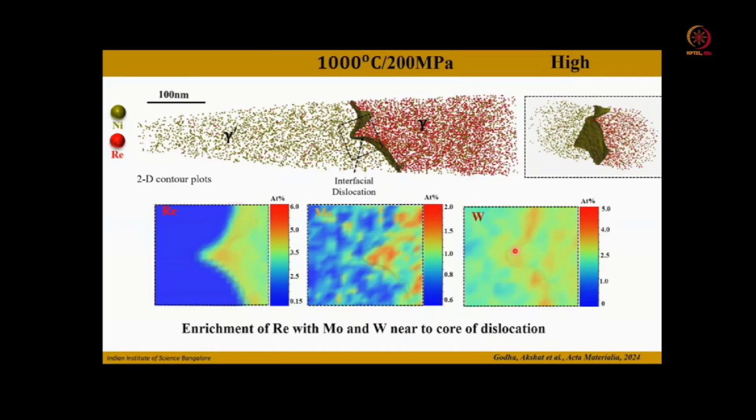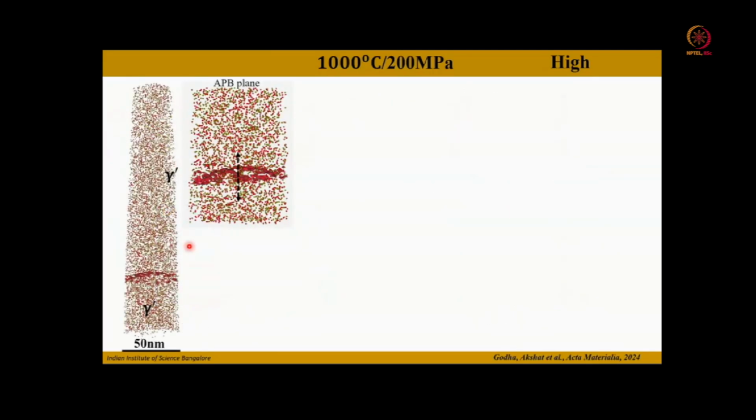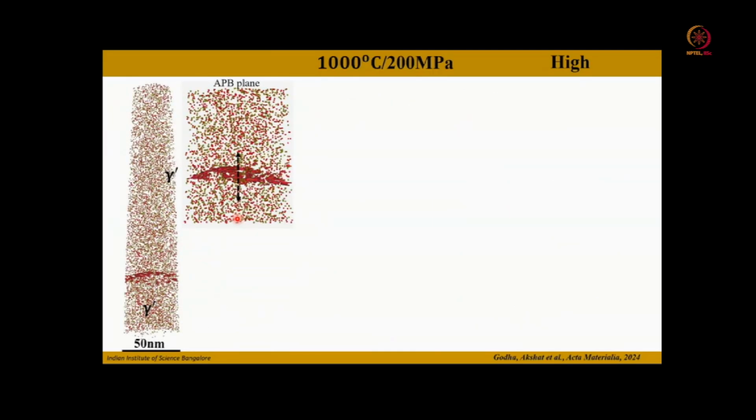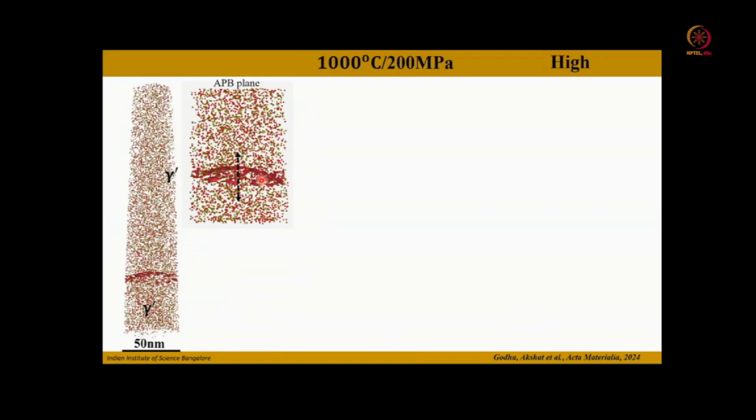This shows that if this particular dislocation gets enough time, it can shear the gamma prime, and it is possible that the rhenium, molybdenum, and tungsten drag this dislocation. Based on this, we were able to capture an antiphase boundary in the atom probe, where this is a planar feature.